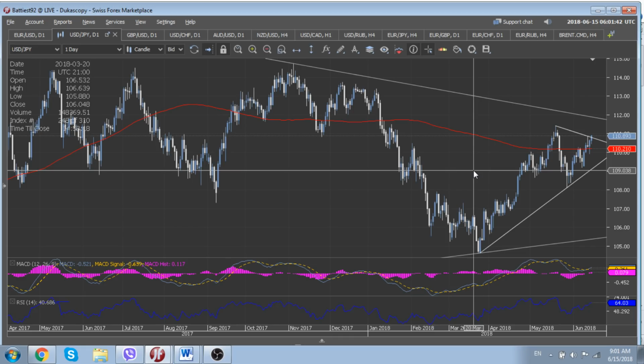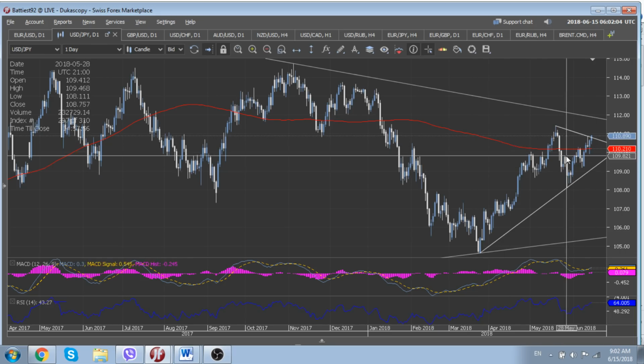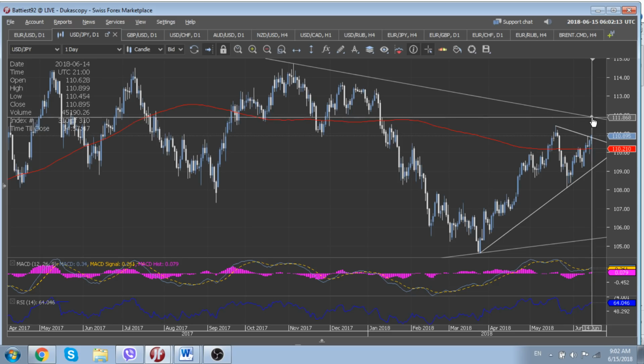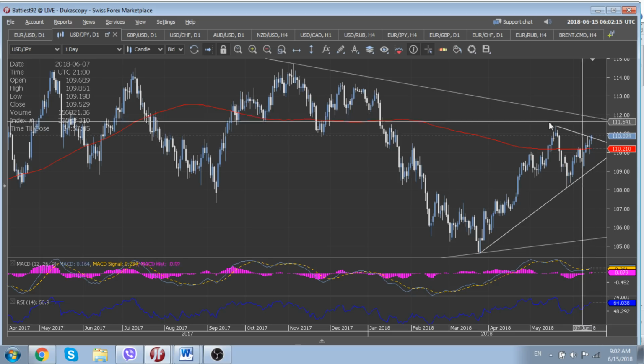Anyway, as regards the dollar yen, our position is not so strong in favor of the United States currency because of risk aversion sentiments that could resume anytime in the world. From that point of view, we will use a possible move to May's highs around 111.40 and a possible retest of the 112 level to resell the dollar yen.